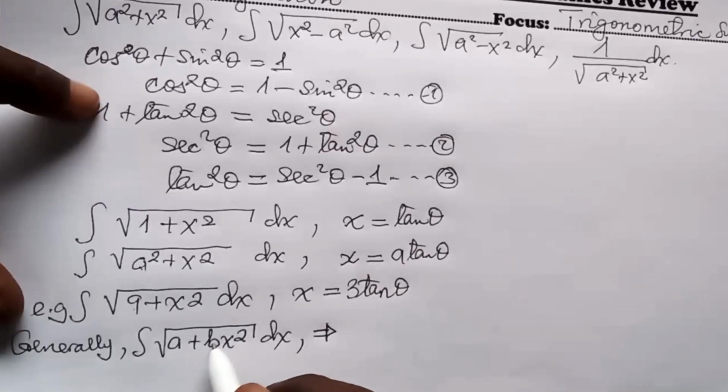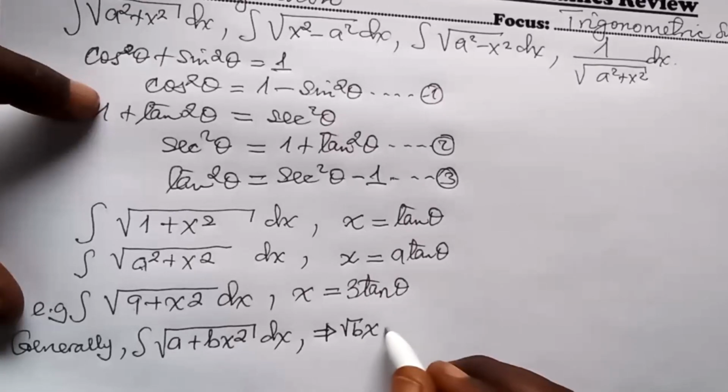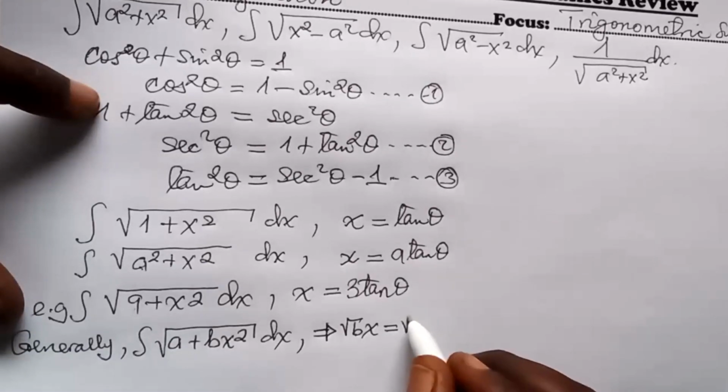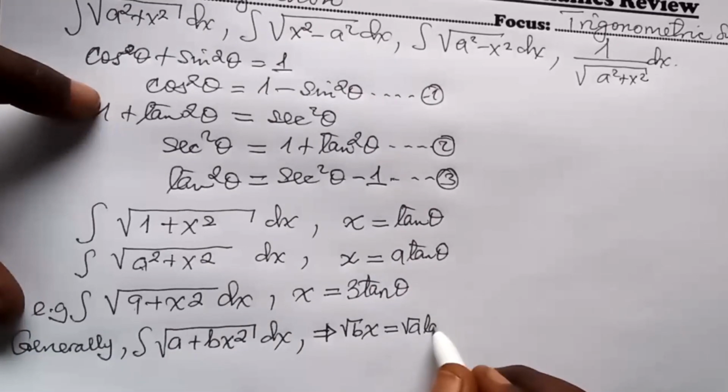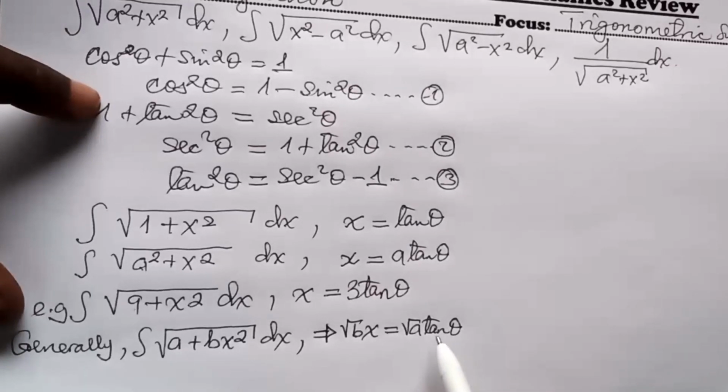So the square root of bx squared will give me the root of b times x equals, I go now to the constant term and I find the square root, so the square root of a tan theta. So that is the general format for doing substitutions in which the integral has the square root of a sum of two squares.